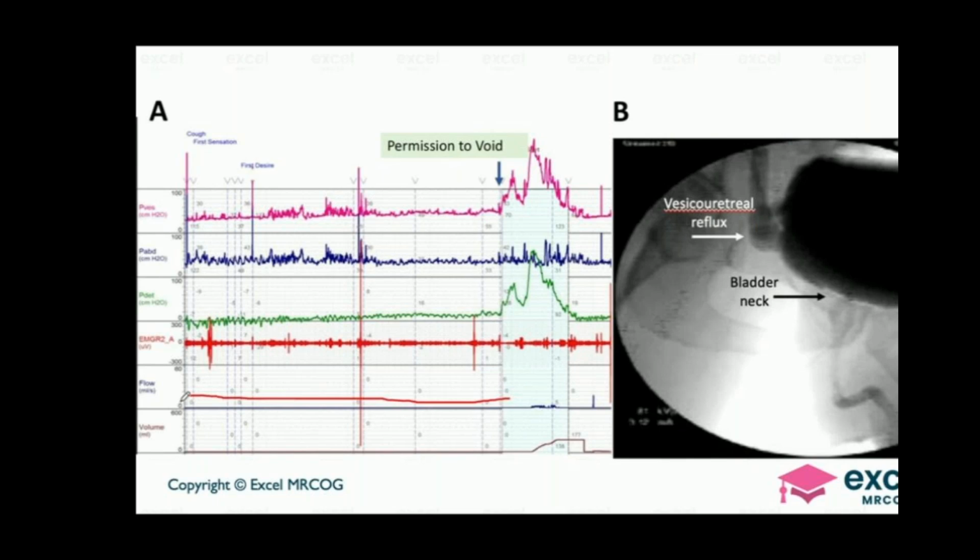This is Q. That's the flow of urine. If there is any leak, you will be able to see a spike here on the flow chart. And here you should ideally see a peak.